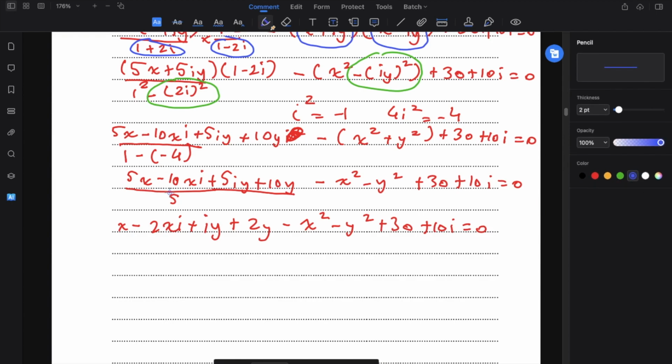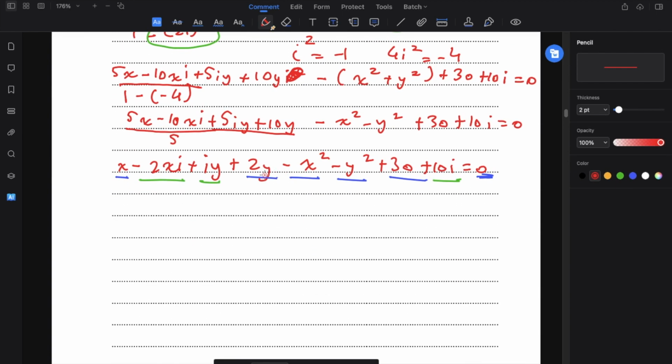Since the right hand side is equal to 0, both the real parts and the imaginary parts of this equation have to be 0. So the real parts, let's underline this: x is real, 2y is real, x squared, y squared, 30, these are all real parts, and the imaginary parts are this, and this. First let's deal with the imaginary parts since there are fewer of those.